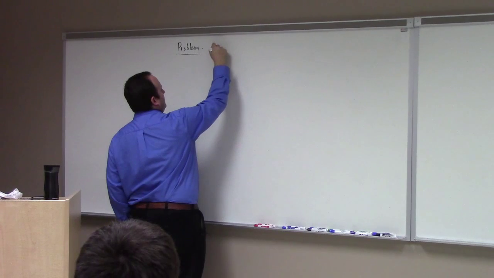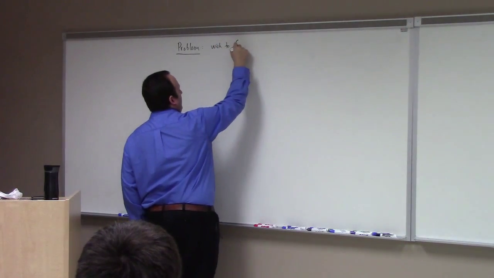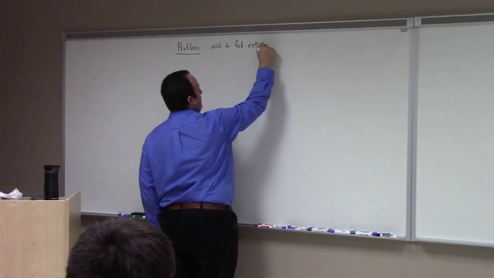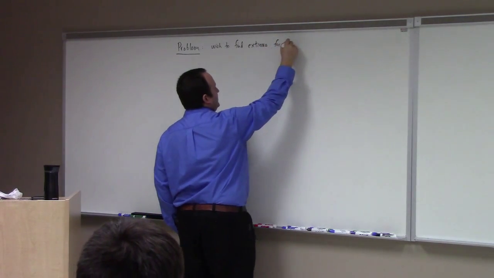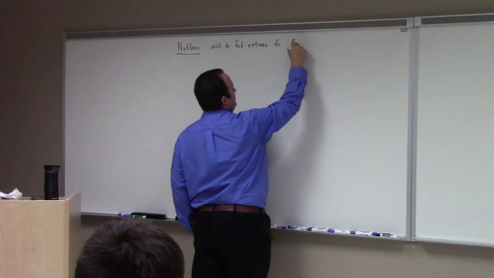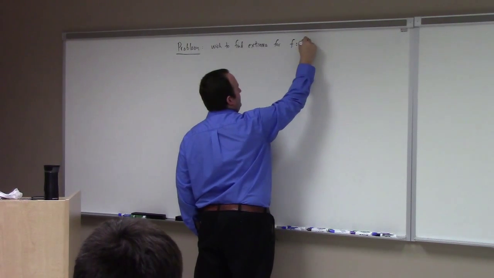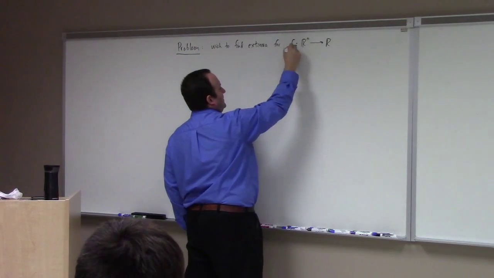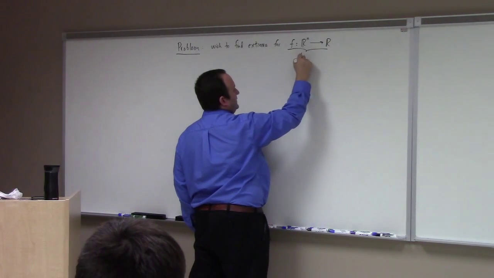All right, so let me state again the problem. We wish to find extrema for, let's say, f, which is a function from, let's say, Rn to R. So it's a real valued function. This is what we typically call the objective function.